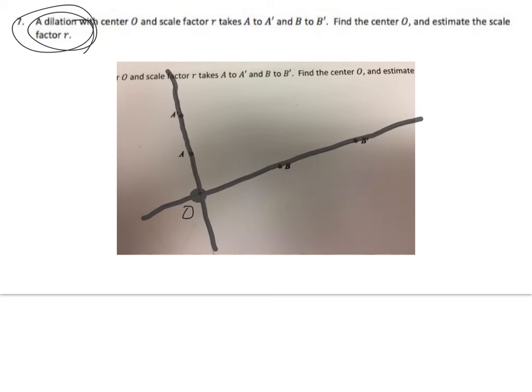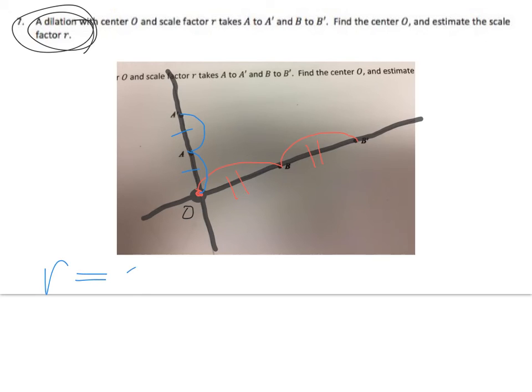And then I just used my compass. One of my students will be very happy. I used my compass just to measure from here to there, which also is the measurement from here to there. So these segments are congruent. I did the same thing, readjusting my compass and measuring from here to there, which is also the same measurement from here to there.